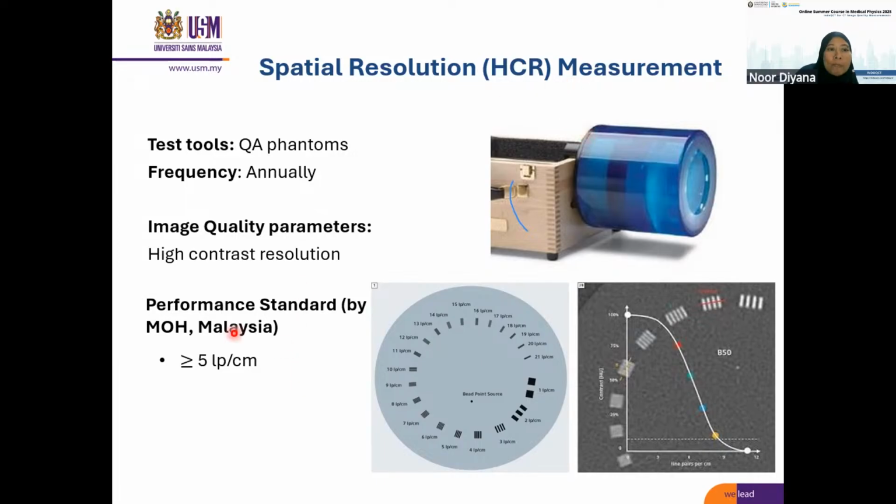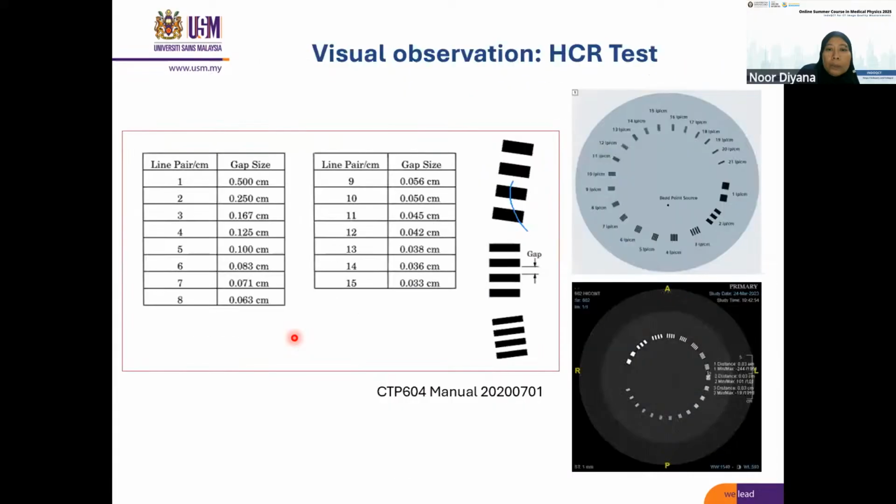Okay, in Malaysia, the acceptable limit is based on what is provided by our Ministry of Health. The performance standard is more than 5 line pairs per centimeter, so you should see more than 5 line pairs.